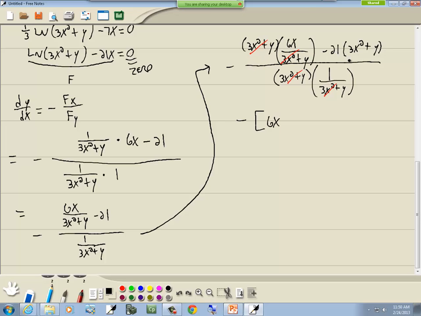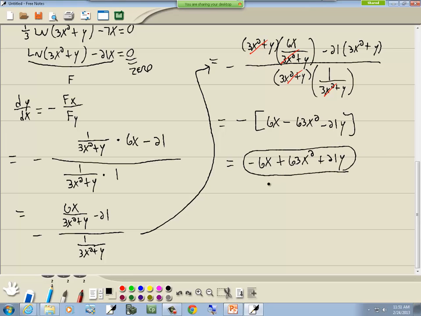Negative 21 times 3 gives us negative 63x squared. Negative 21 times y is negative 21y. And take that negative through, and I got negative 6x plus 63x squared plus 21y. I can factor out what they have in common, but that's our dy/dx.